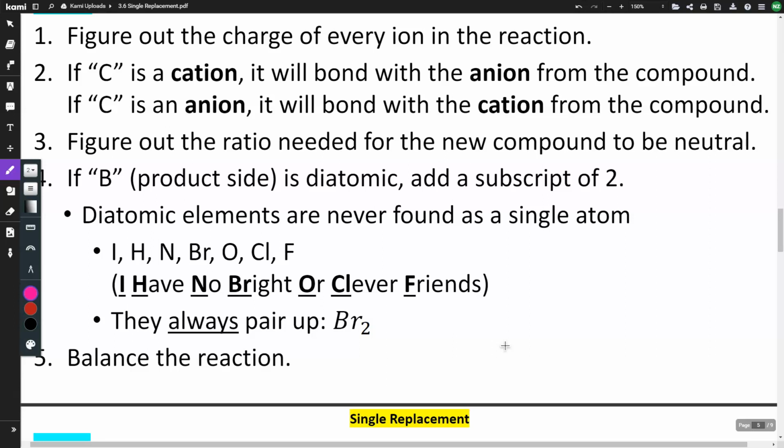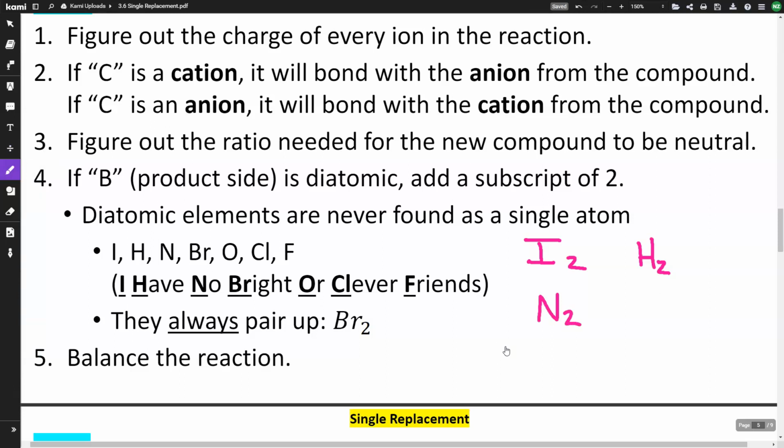Those are elements that are diatomic. You will never see them by themselves. So you'll always have I2 or H2 or N2. They'll always have a buddy. You'll never see them by themselves. An easy way to remember this element list is I have no bright or clever friends. And finally, balance the reaction.